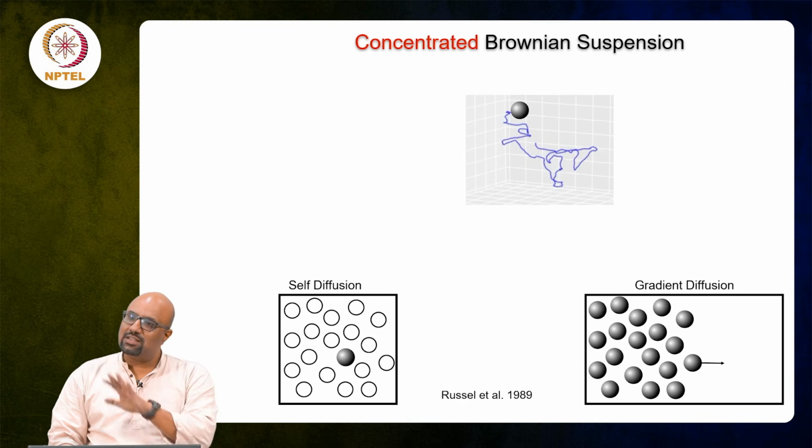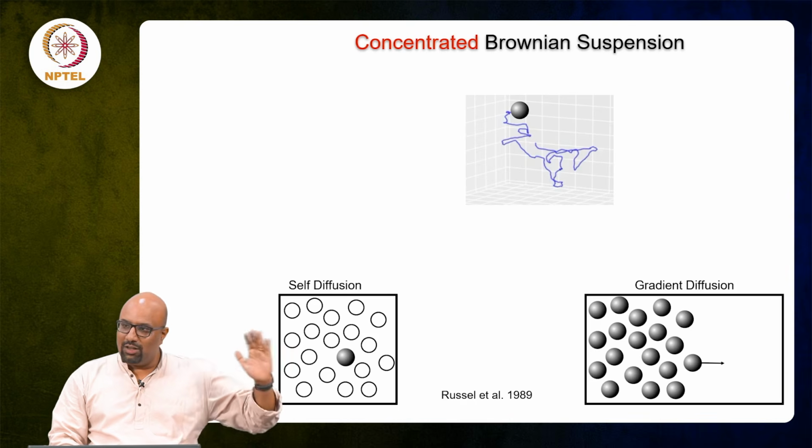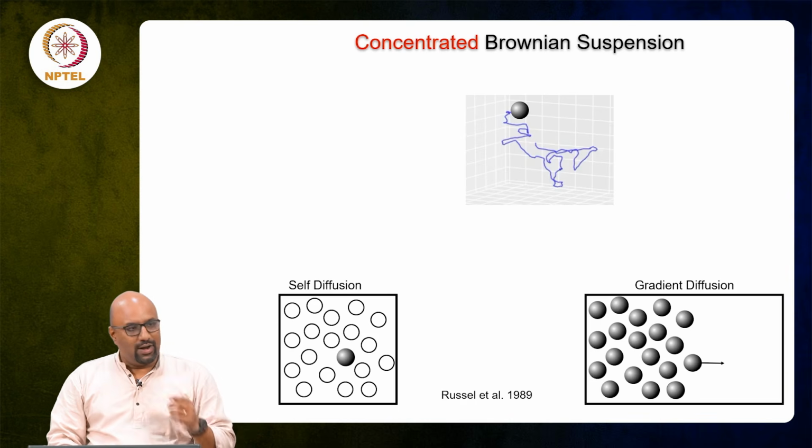So, what are the examples by which you can create inhomogeneity? You can use any external force like electric field. Let us say the particles were responding to electric field, you turned on the electric field, all the particles migrated according to the direction of the electric field, and then you turn off the knob, you switch it off.